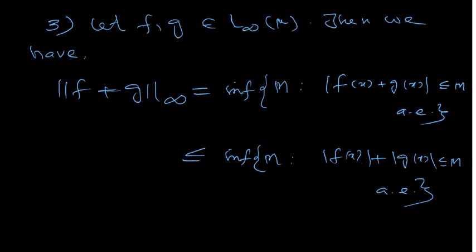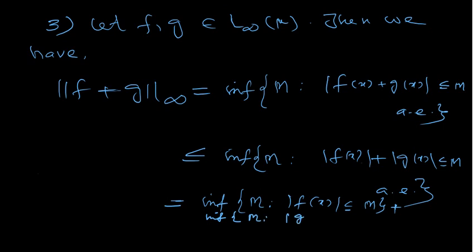Now we can separate them. Obviously it's actually exactly equal to the infimum of m such that mod of fx is less or equal to m, plus the infimum of m such that mod of gx is less or equal to m, and that you can see is equal to norm f infinity plus norm g infinity.